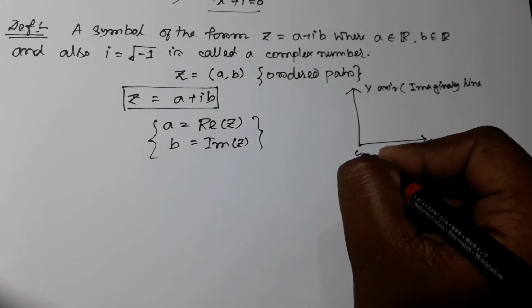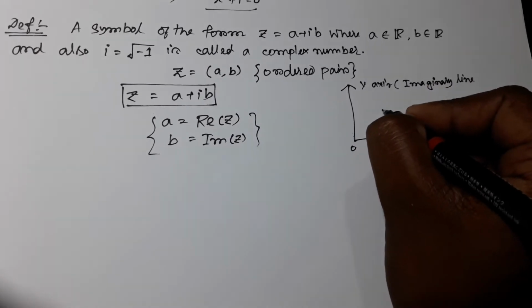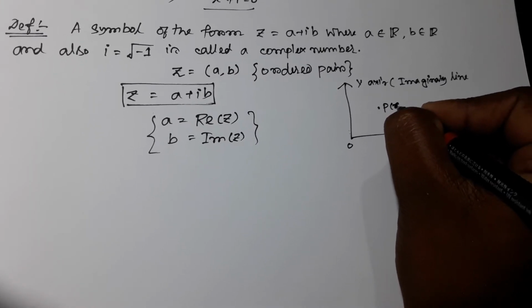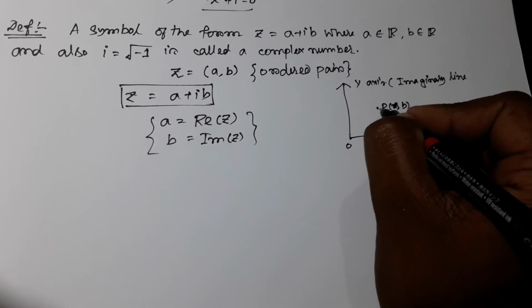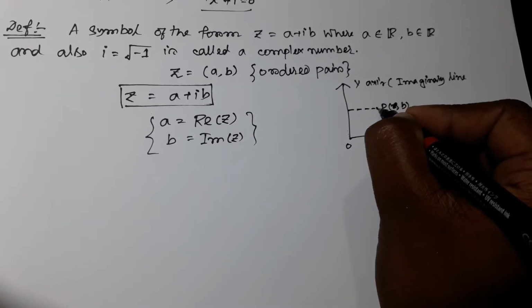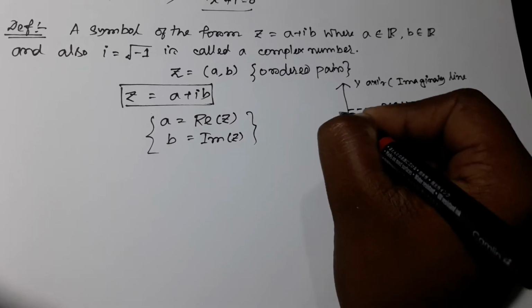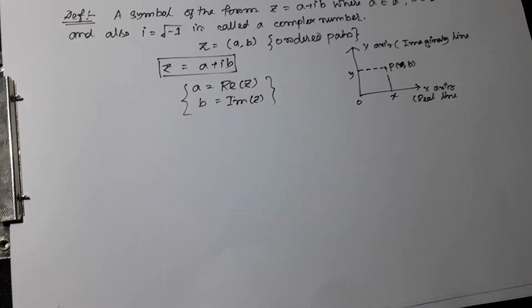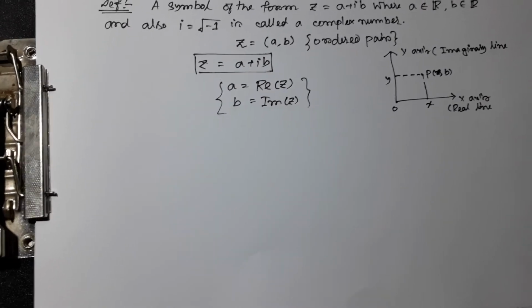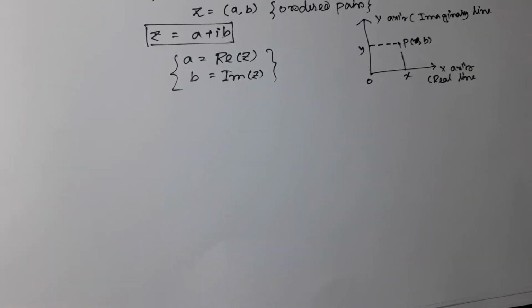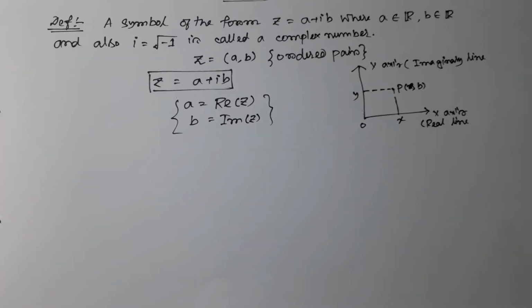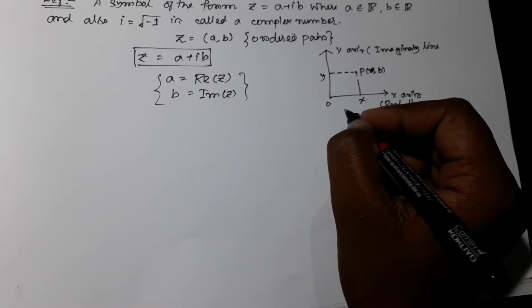This is O, and this is the point whose coordinate is (A, B). This plane is called the complex plane. So what is the complex plane? Complex plane is such a plane where complex numbers are situated in the coordinate system in 2 dimensions.